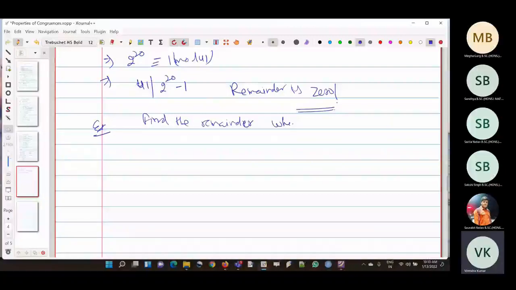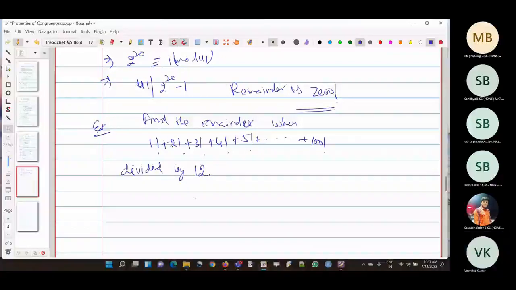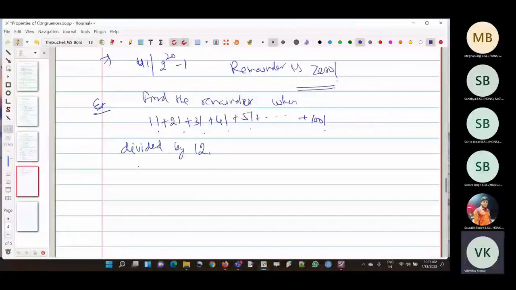You can change them; you can take a different expression for this also. So what is the remainder?